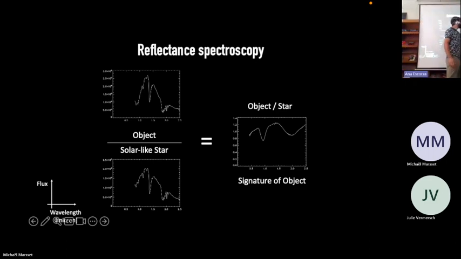So these very broad bands are typical of silicates, in that case, pyroxene. And they are so broad because what you're seeing here is the transition of electrons in different levels of iron atoms.